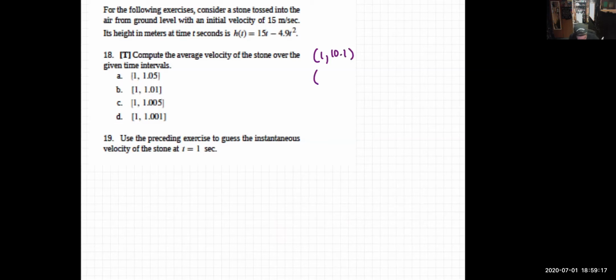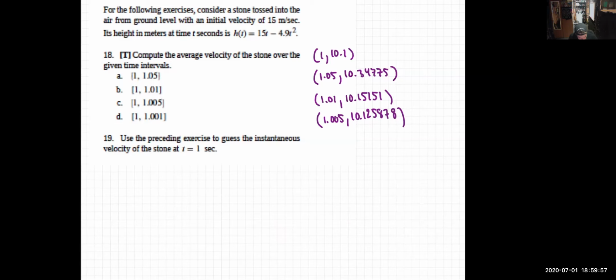And I'm just going to follow through for all of these points we're given. 1.05, that's 10.34775. 1.01, that would be 10.15151. 1.005, that would be 10.125878.